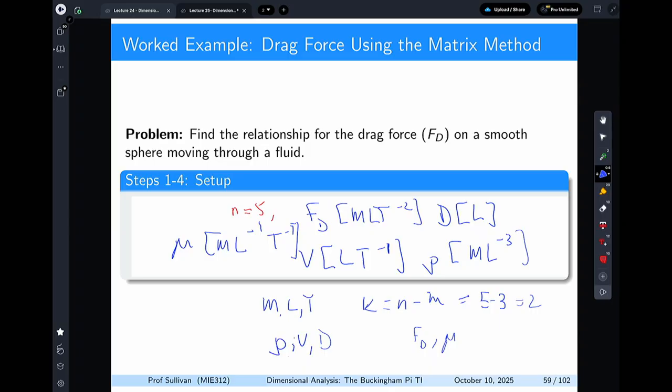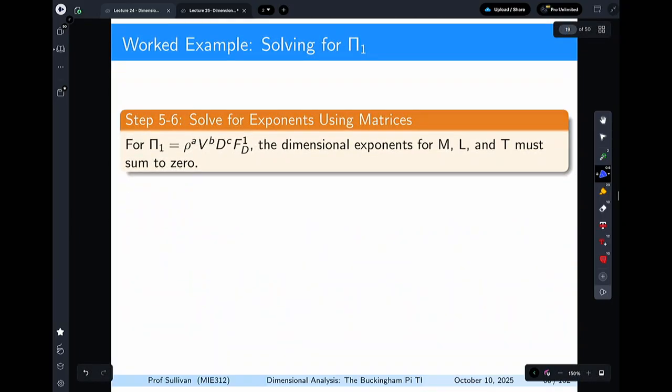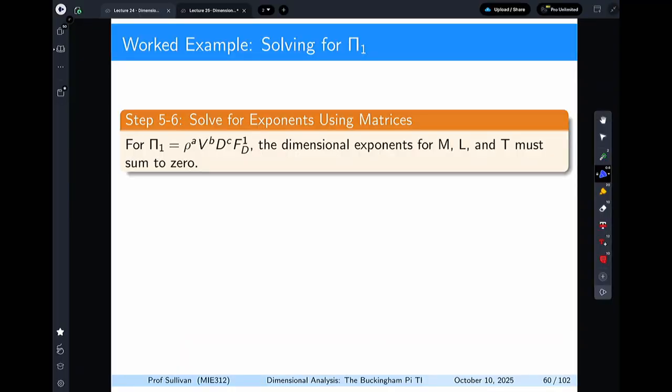If you write it out, for m you can write A1 plus B0 plus C0 plus 1 equals 0.